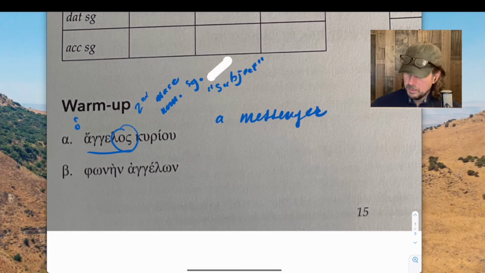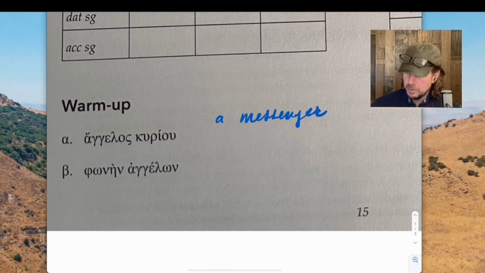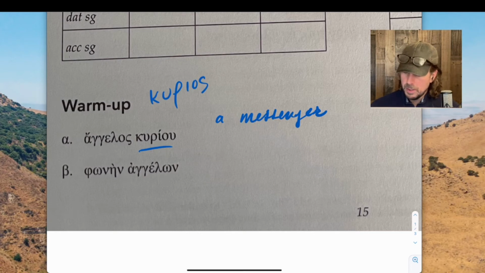Okay, so what about the next word here? What about kuriou? Well, if you do your vocab, this is why vocab's so important, you would say the lexical form there is kurios, which would look just like angelos, right? With the omicron sigma. Kurios is our nominative. So what's kuriou? What's this ou ending? Well, you look that up in our chart for chapter 7, and you learn that is our genitive. So the one up here, this is our lexical, that's our dictionary entry form.